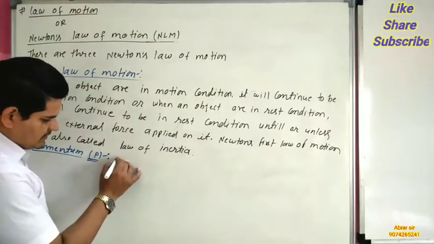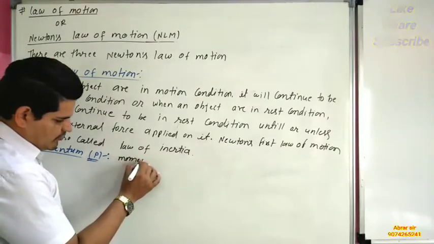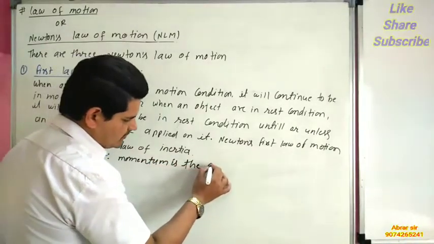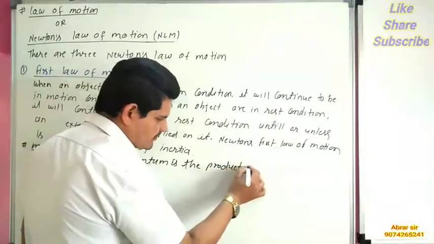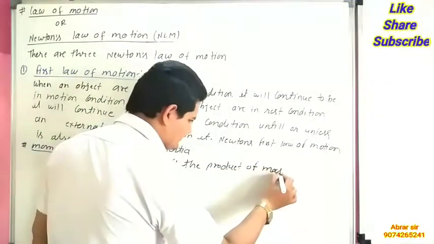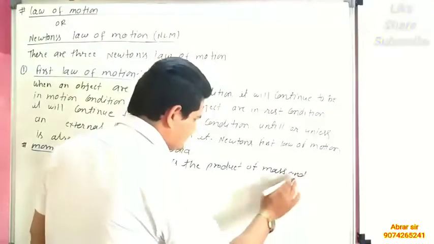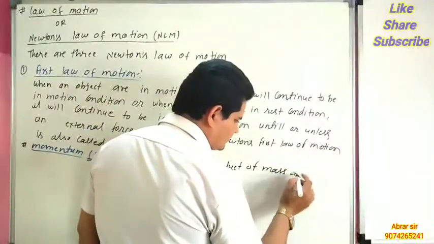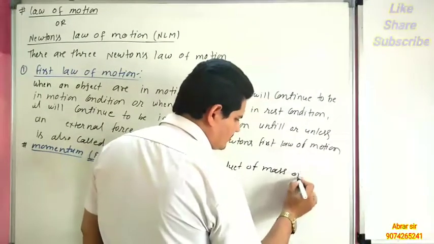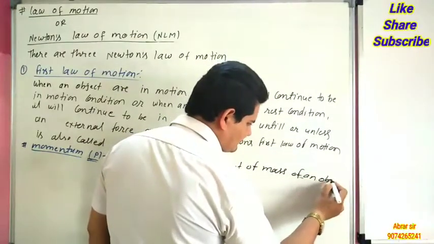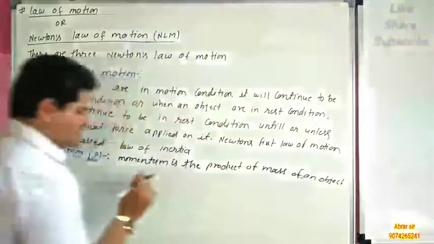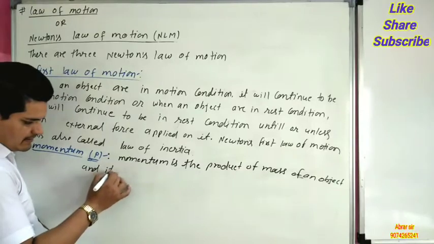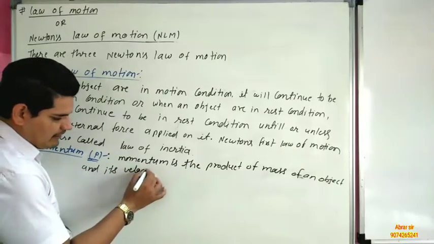Momentum is the product of the mass of an object and its velocity.